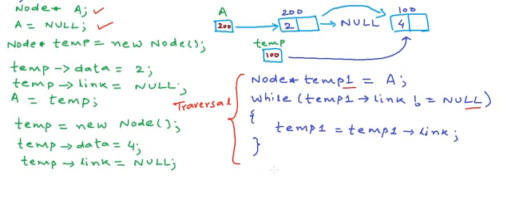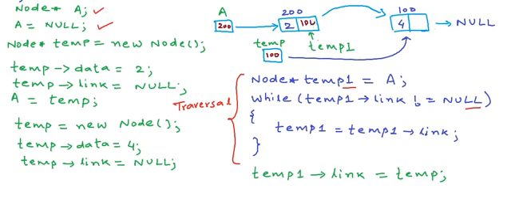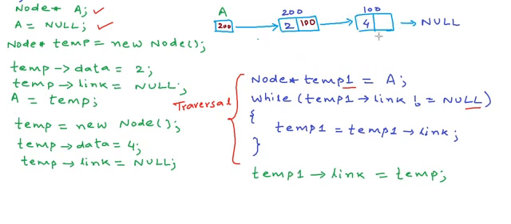So finally, after all this, we will write a statement like temp1.link is equal to temp. Temp1 is pointing here. So now this address part is updated and this link is built. So we have 2 nodes now in the list. Once again, when we want to insert node with number 6 in this list, we will have to create a new node by this logic. Then we will have to traverse the list by this logic.